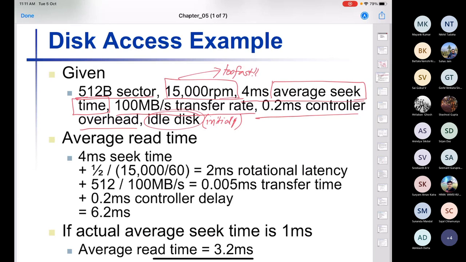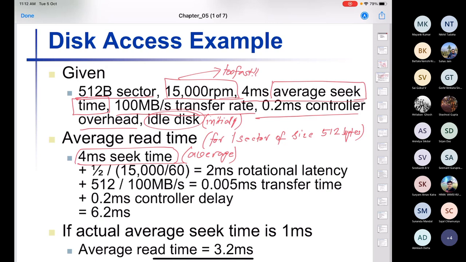So the average read time for one sector of size 512 bytes. 5 millisecond seek time. This is an average value, usually mentioned by the manufacturer, so we are using the average value.